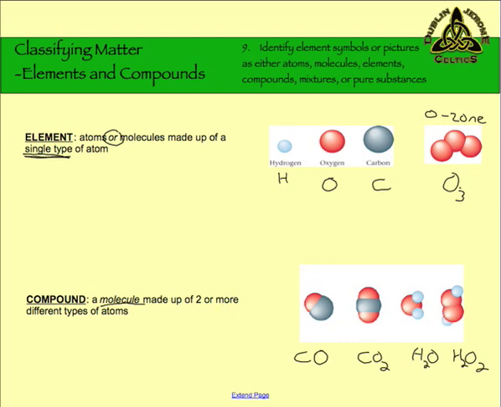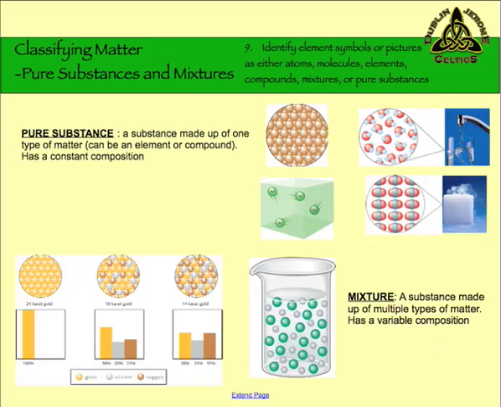I can break them up even further. We're into different categories. I can also break them up by pure substances or mixtures. A pure substance is a substance made up of one type of matter.